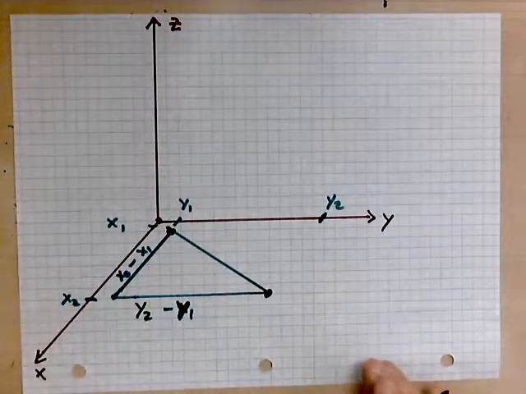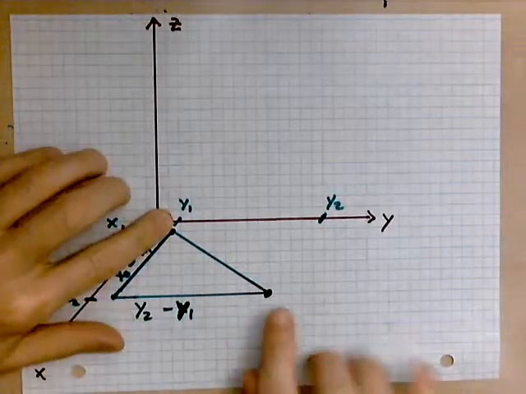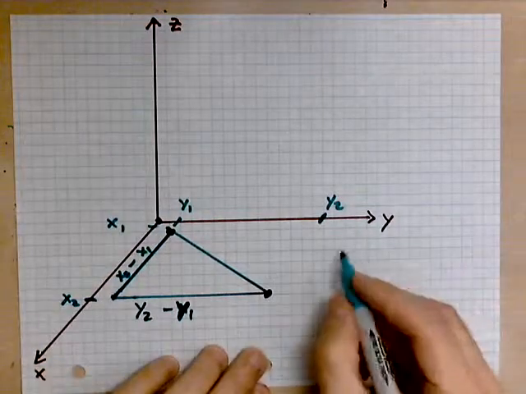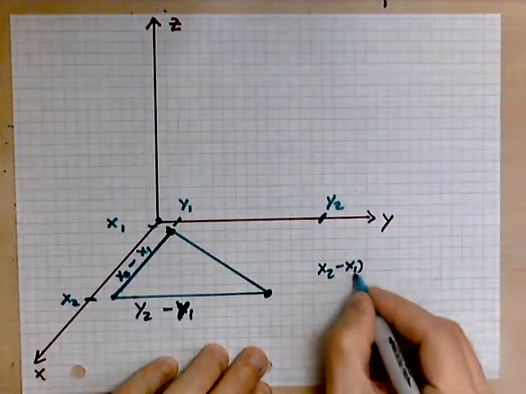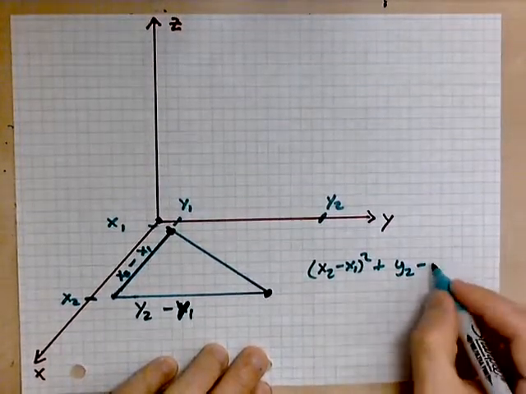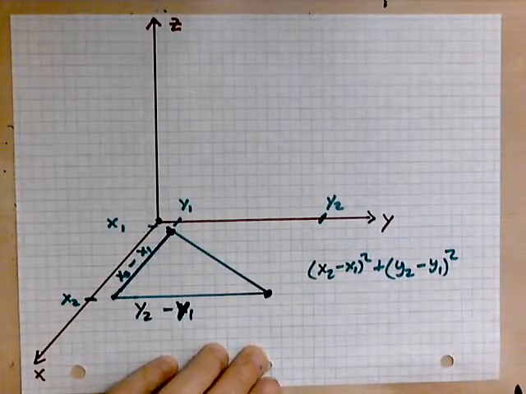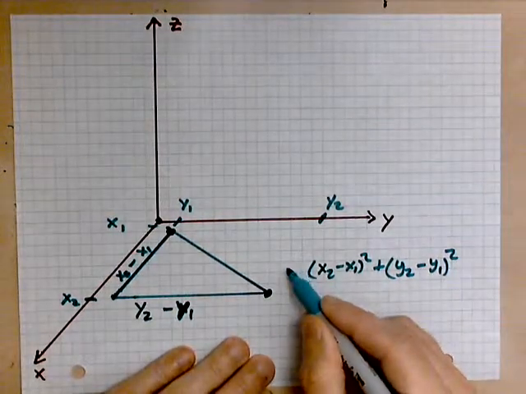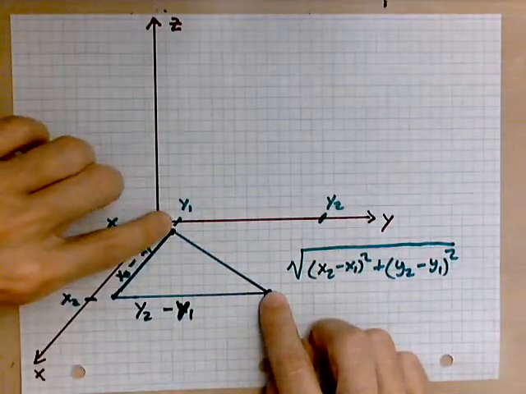Okay, which means by the Pythagorean theorem that this one here has a length that is given by x2 minus x1 squared plus y2 minus y1 squared, and then the square root of this is the length of this segment right here.